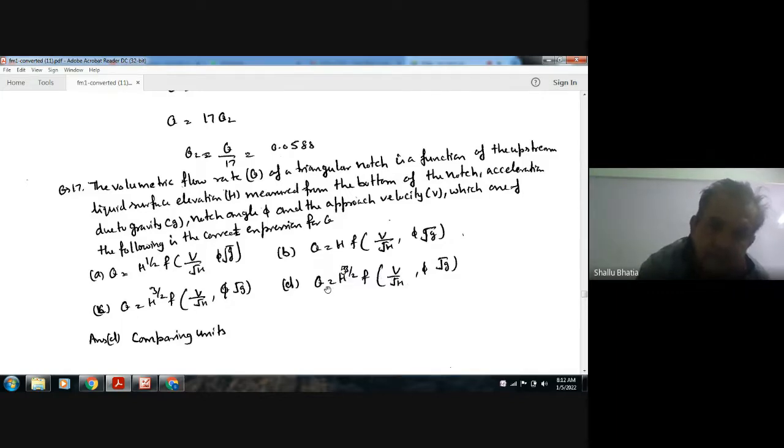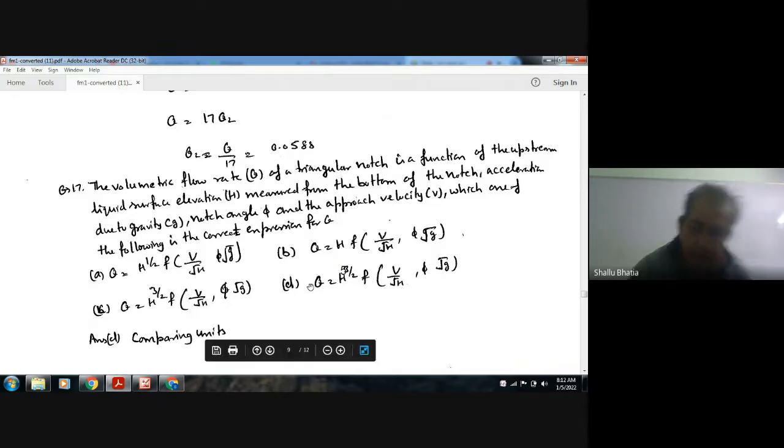The units of these are the same. Or we can see here the unit is root g, and root gh is the velocity, and then again you have h squared. So by comparing units, we can find the answer.